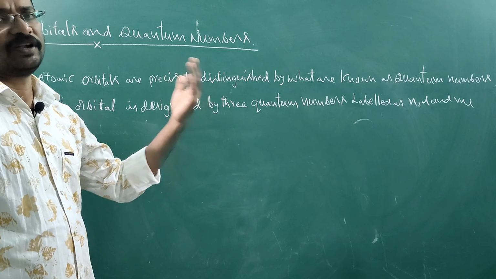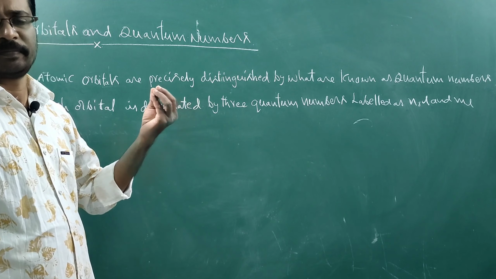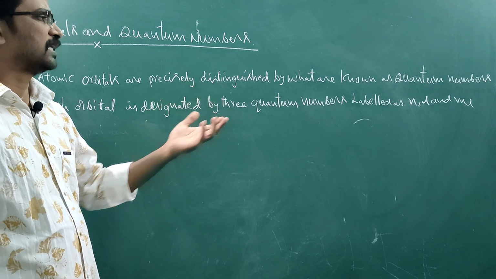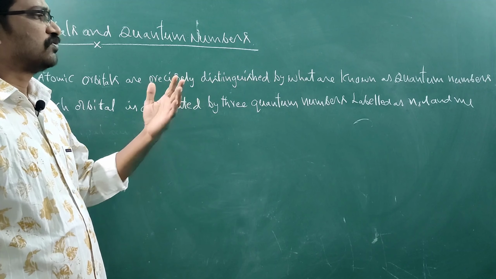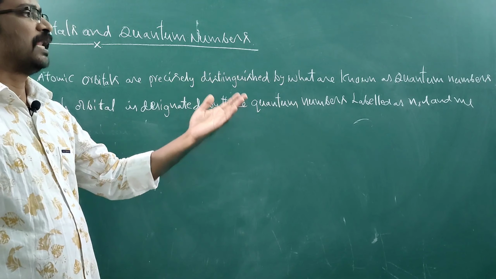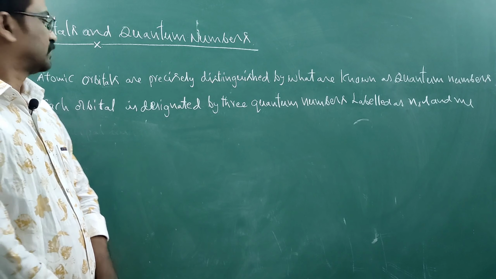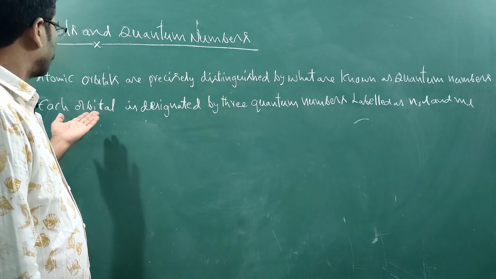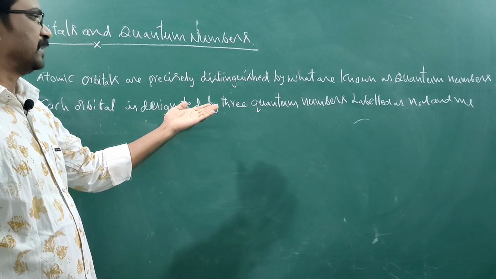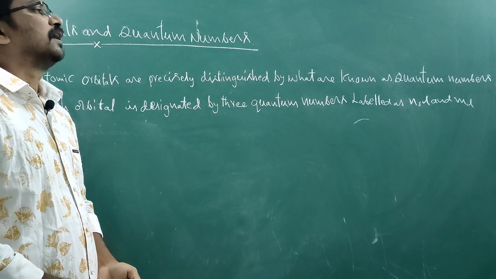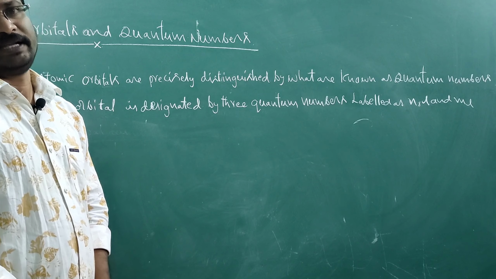Like that, the p orbital and d orbitals, each orbital has specific n, l and ml values.